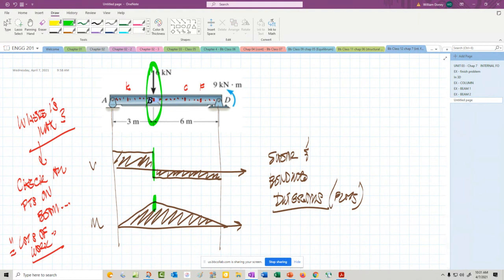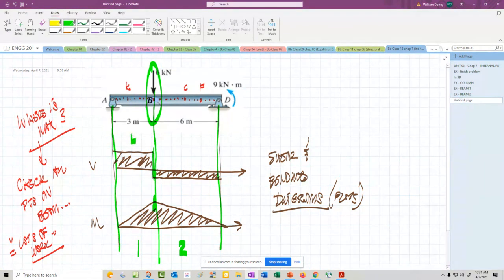And to create these bending moment and shear diagrams or plots that I've drawn below, it's not any more difficult, because we're going to create sections that start from the left end, the right end, and anywhere there's a loading. So we're going to create two sections, solving the left section and here the right section.